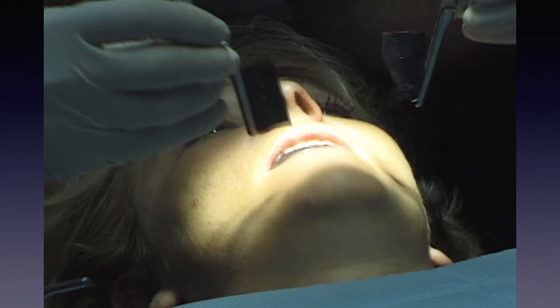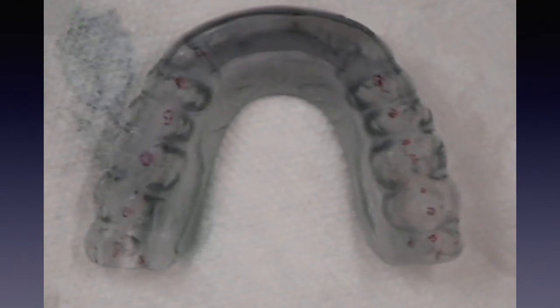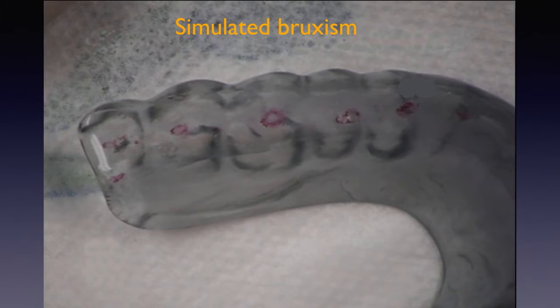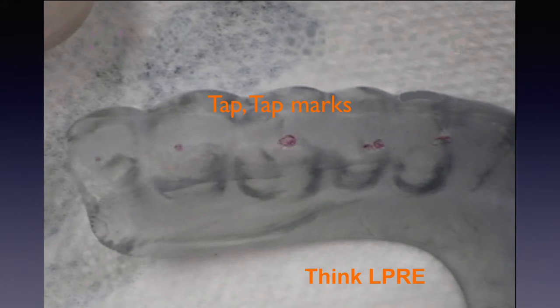Dr. Wilson then asks the patient to close and back and grind hard in tiny little circles. These are the first set of marks. What he has done is to ask the patient to simulate her nocturnal bruxism. These are the marks she made before the simulated bruxism.